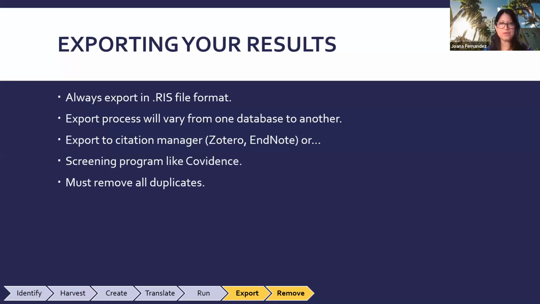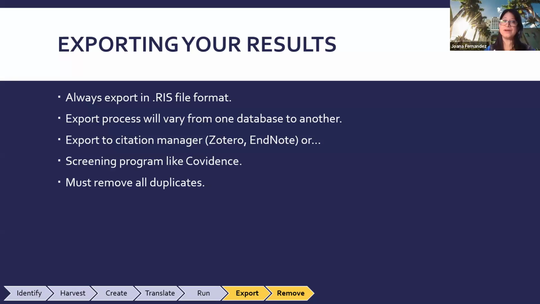Then for exporting the results, every database also has a different way to do it. But in general, you want to always look for a site or export the results. And it's typically something that once you highlight the results that you want to export, which is probably all of them, you want to go for the RIS file.